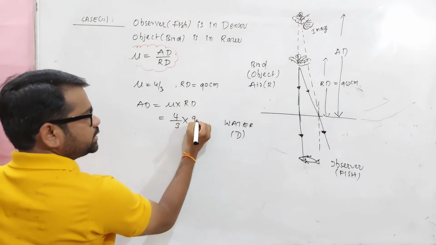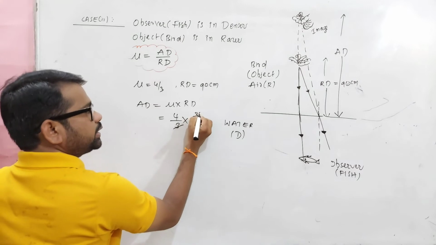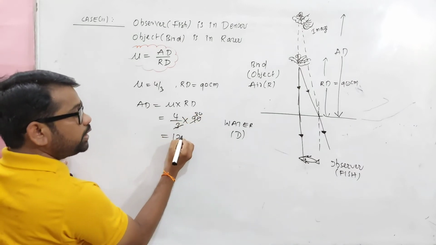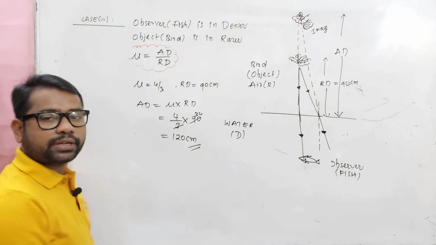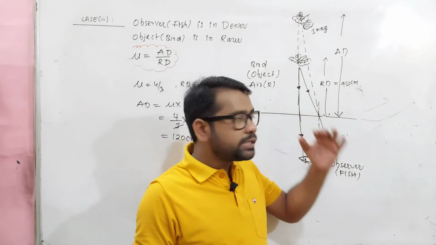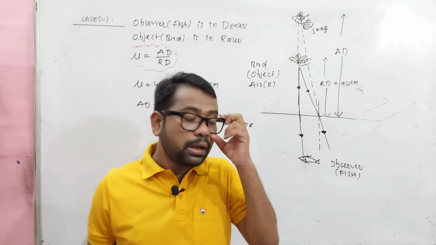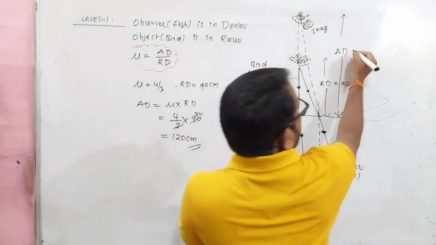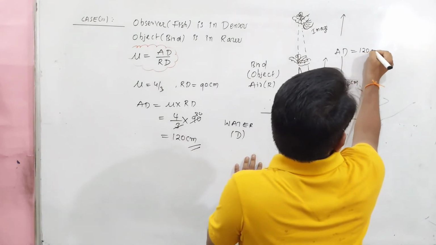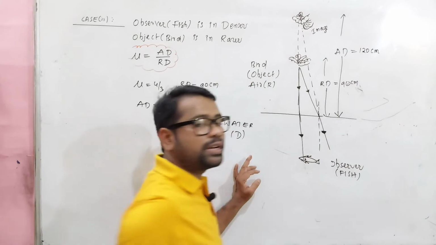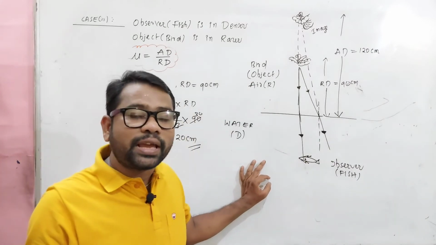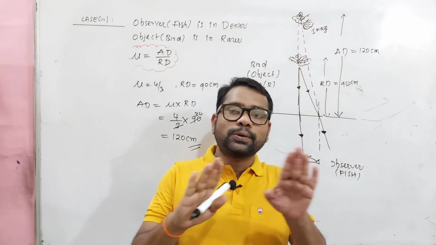So it is 90. 3 nines are 30, so 4 into 30 is 120 centimeters. Means the bird is actually at a height of 90 centimeters only, but for the fish, it appears at 120 centimeters. So this is why the fish will be so relaxed.